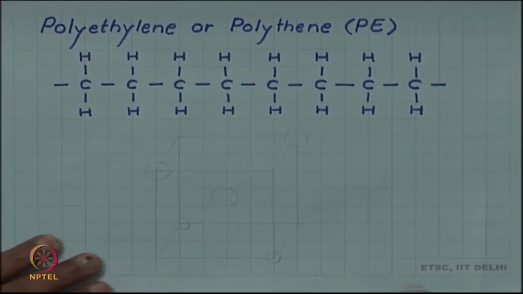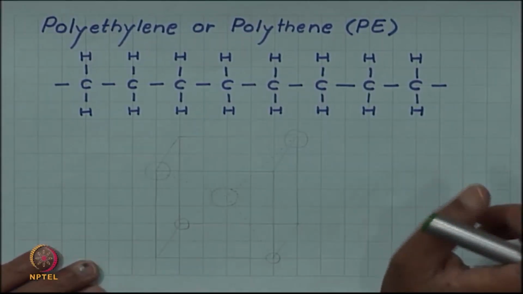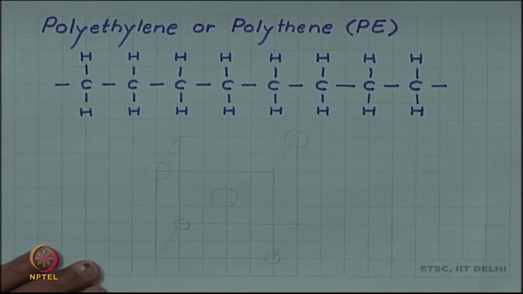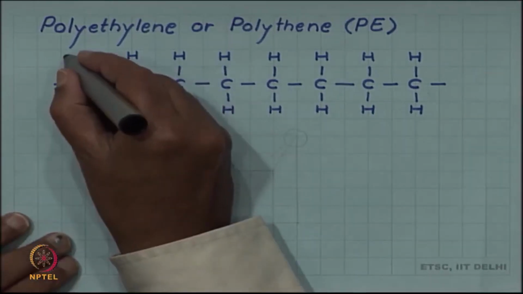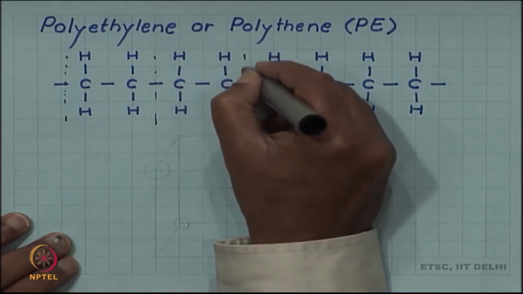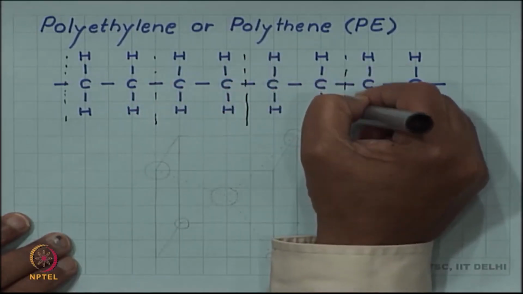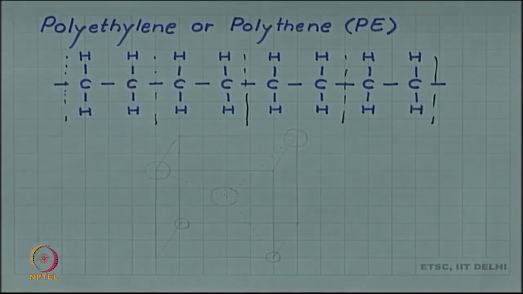So, polyethylene or polythene is a long chain molecule with many monomers, each pair of carbon atoms defining a monomer. So, you have several monomers here which are connected to give you a macromolecule or a chain of polythene.